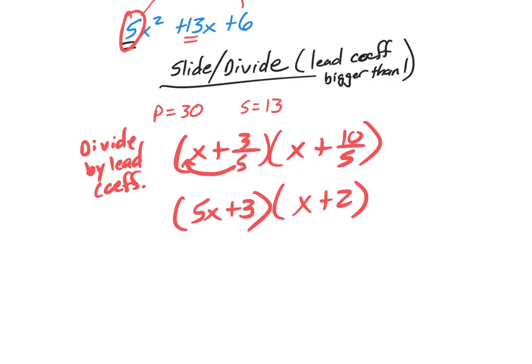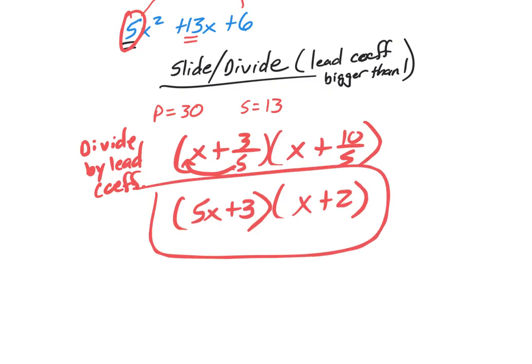And that's where the slide and divide comes in. This one we slide, this one we divide. And that's my answer. Those are my two factors. If I were to FOIL these two together, it would get me back to that original number.